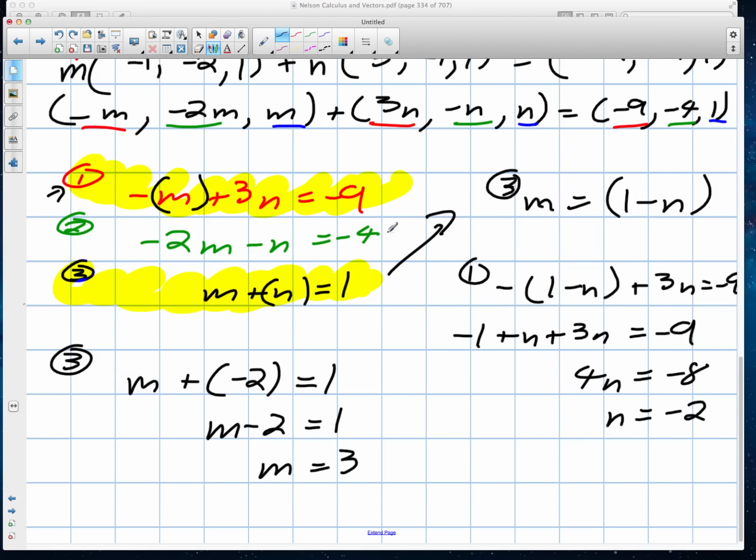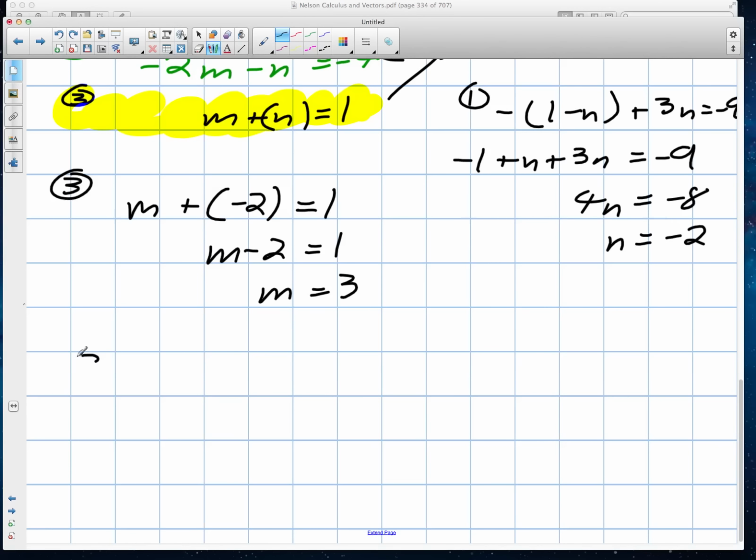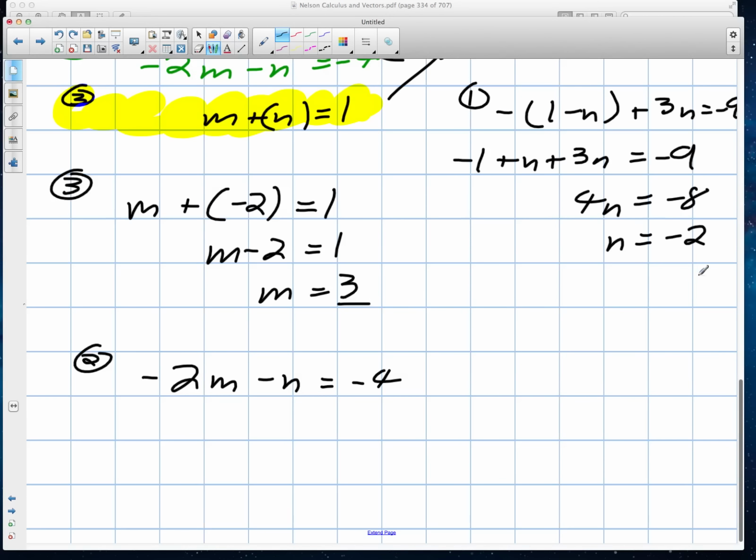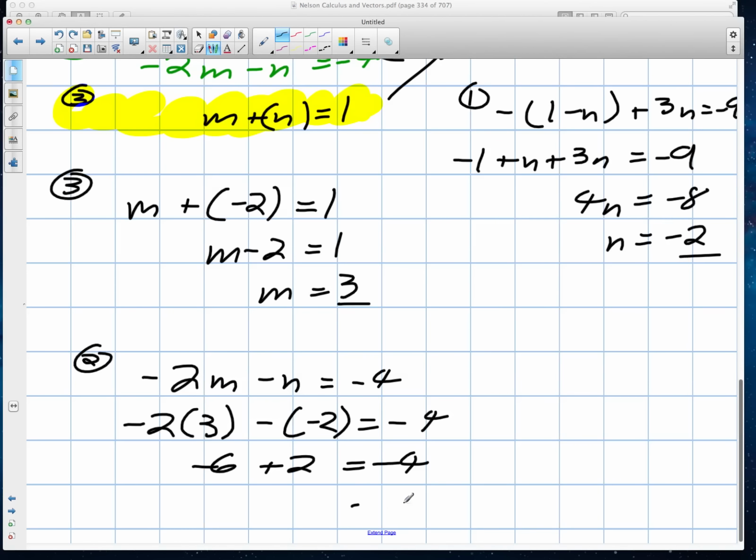In order to prove this is true, these values need to work in equation 2. Equation 2 was -2m minus n equal to -4. Let's double check. Let's take our values of m and n: -2 times 3, minus negative 2, gives us -6 plus 2, which is equal to -4. -4 is equal to -4.